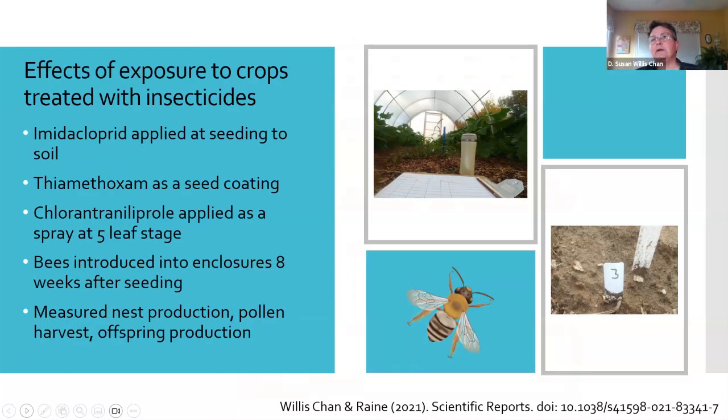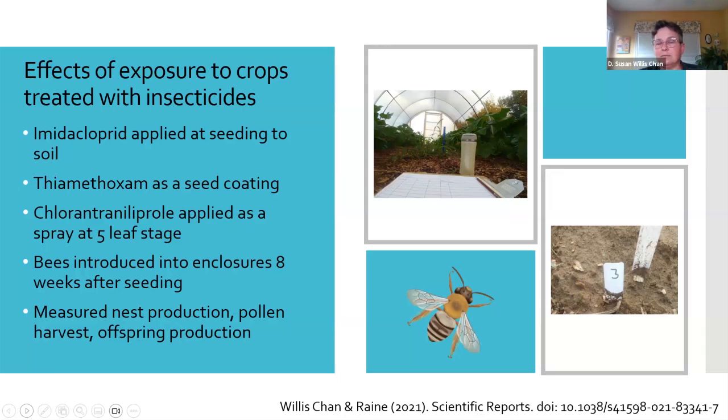Then I went on and said, well, what would happen if I don't actually look at the soil? What happens if I grow a crop and I apply neonicotinoids or other systemic insecticides to the crop in the way that it's supposed to be done? And what happens to bee populations? Do they stay the same or are they unaffected? So I applied imidacloprid to the soil at seeding.